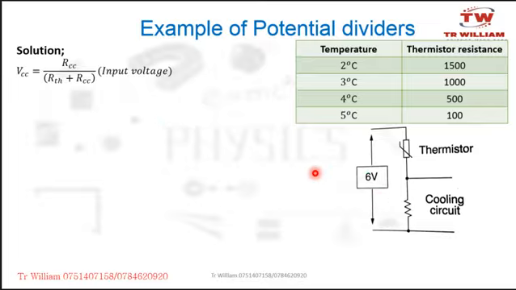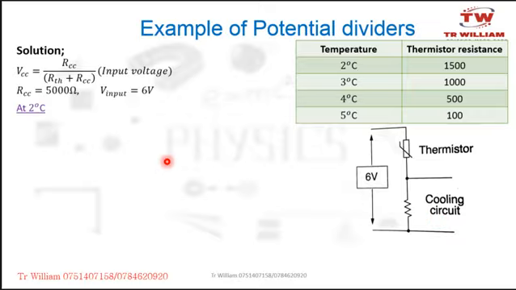Okay? But we have different resistances of the thermistor. Now, the resistance of the cooling circuit is 5,000, and the input voltage is 6 volts. So at 2 degrees, what will be our voltage here?